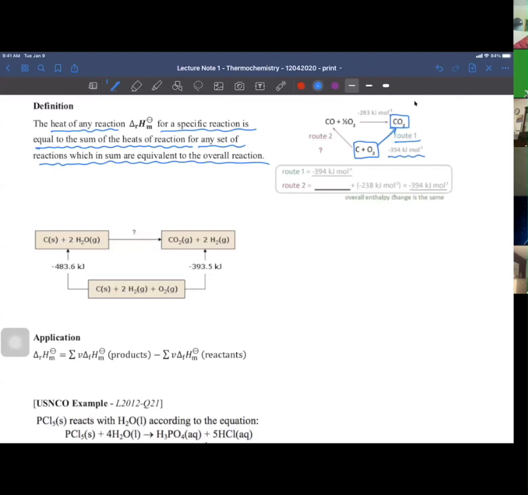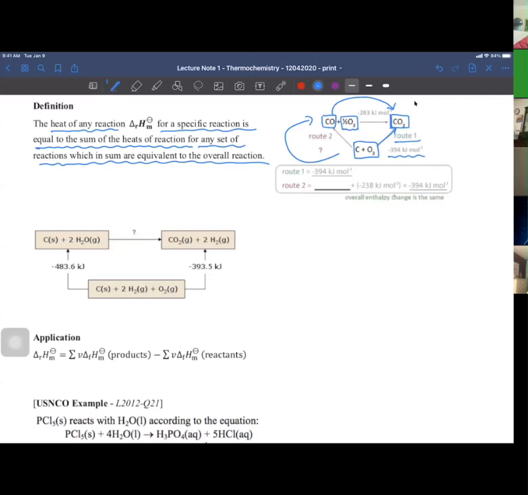But we can also do it alternatively. We can first change carbon with half of the O2 into carbon monoxide. And then we further combust the carbon monoxide with the second half mole of O2 to produce the CO2. So you use two steps to achieve the same goal, right? The overall goal is to convert carbon and O2 into carbon dioxide.